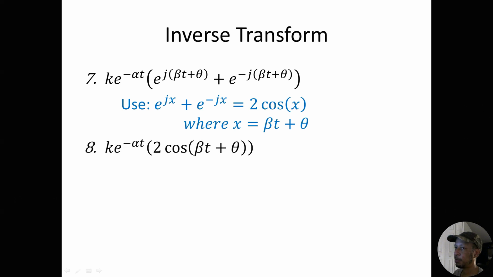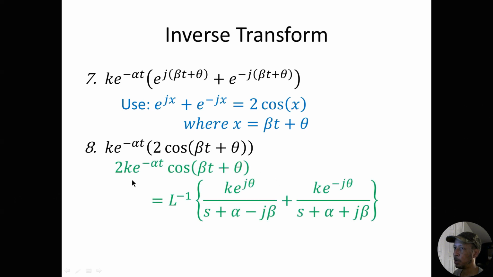When we apply that substitution, we end up with k times e to the negative alpha t times 2 cosine of beta times t plus theta. We can further simplify that by putting it in a more standardized form, and we end up with 2 times k times e to the negative alpha t times cosine of beta times t plus theta.